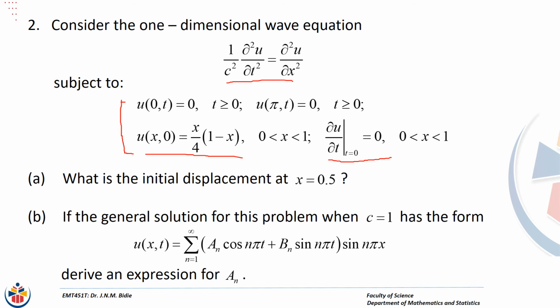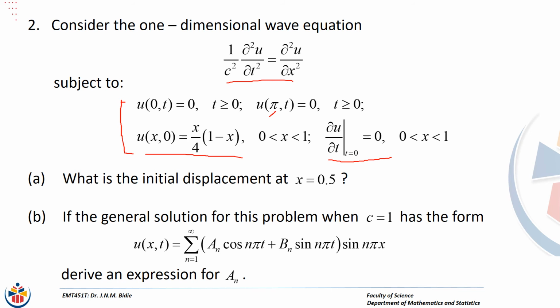And then we have the initial velocity being equal to 0. Also, the length of the string, note that it is pi, given by the second boundary condition. The string is fixed at both ends.